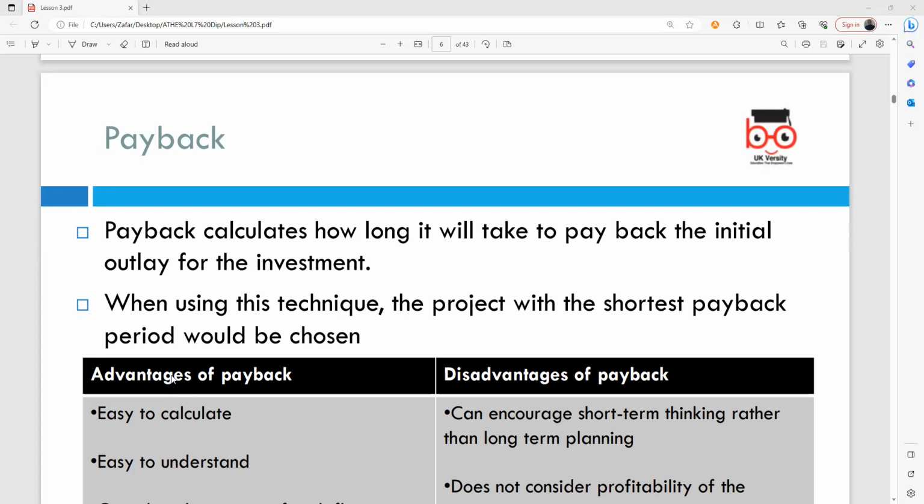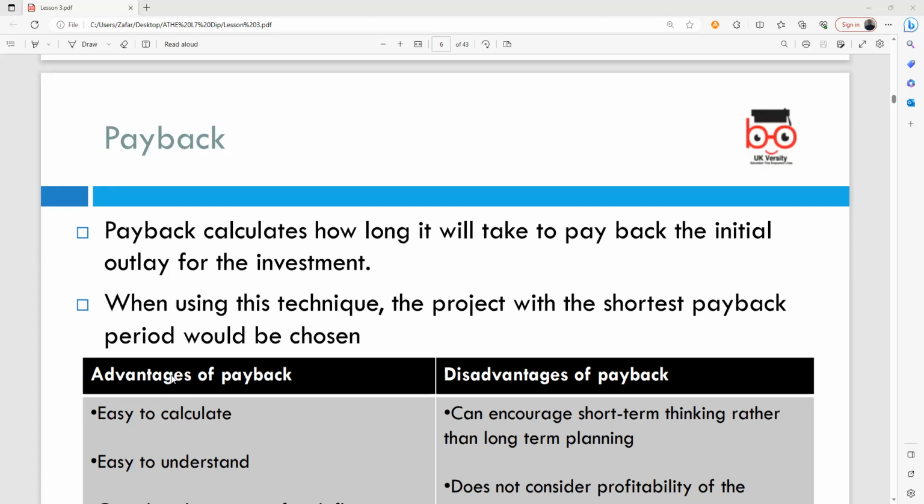So is it the return rate for the current project? No, payback is just the amount of time it will take you to recover your initial investment. It's just a time.